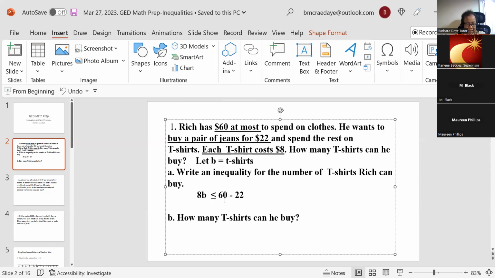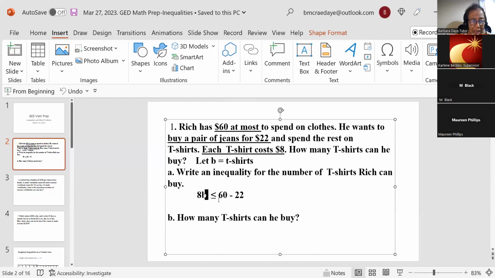And that's the 60 minus the 22. So let's say it again. 8B, the $8 per t-shirt multiplied times the variable B that you're calling t-shirts, has to be less than or equal to what you have to spend.